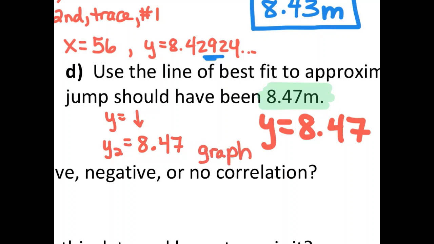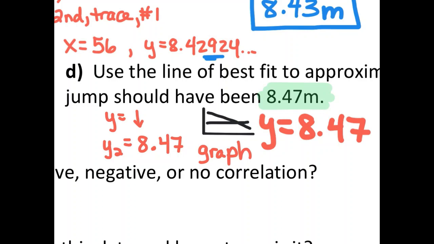And what you'll see in your graph is the scatter plot and both lines. I'm going to not do the scatter plot part, but you see the line of best fit, and then you see that horizontal line that you just drew. And the horizontal line is the 8.47.